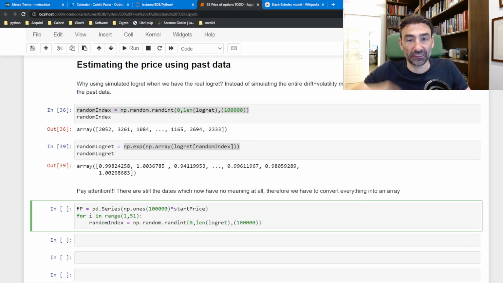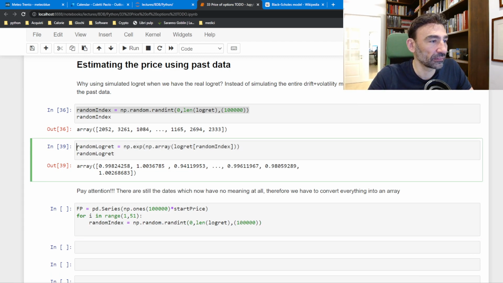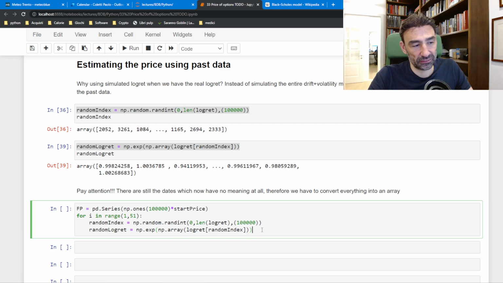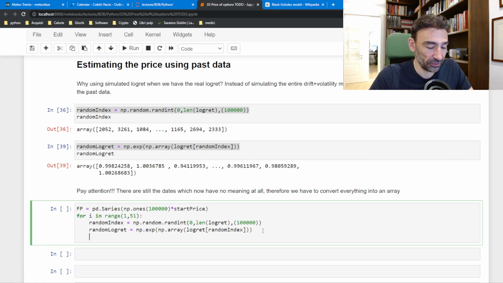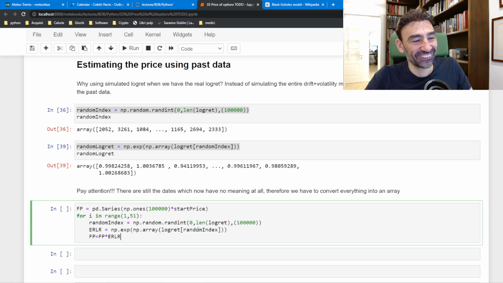At every step, I recreate 100,000 random numbers, the random logaret, and fp equal fp, the forecasted price, multiplied by this thing here, which honestly I call random logaret. Let me call it instead exponential of random logaret. Okay, I think it's done.